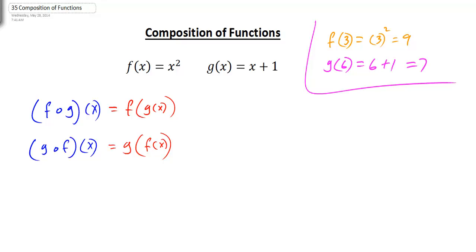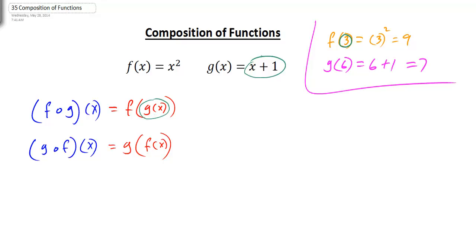So basically treat this g of x just like we treat the 3 over here, where it says go to function f and plug 3 in, we get 3 squared. Well, if we're looking for f of g of x, then that means we're going to plug g of x into function f. So that means I'm going to take x plus 1, right?